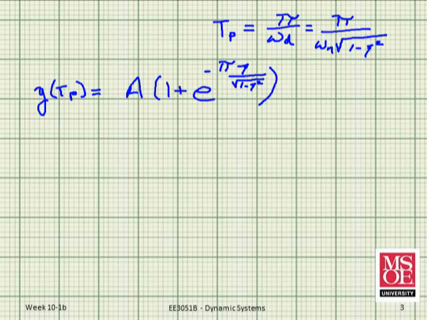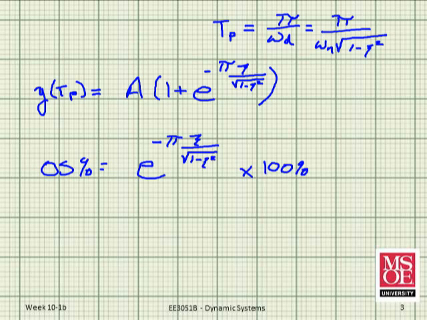That's the peak value. If we plug that into our definition of percentage of overshoot, we get that overshoot as a percentage is equal to e to the minus pi times zeta, the damping ratio, divided by the square root of 1 minus zeta squared, all this times 100%.